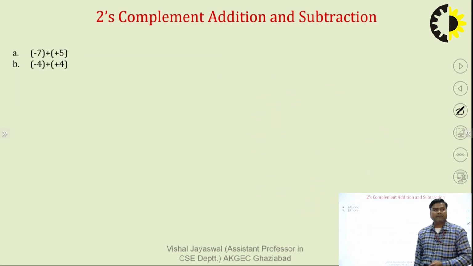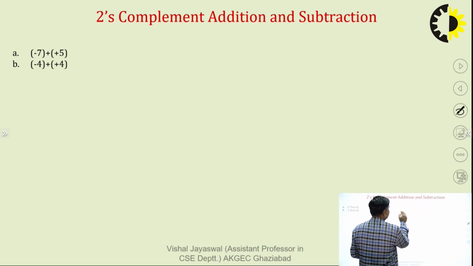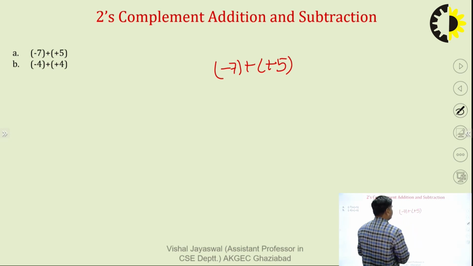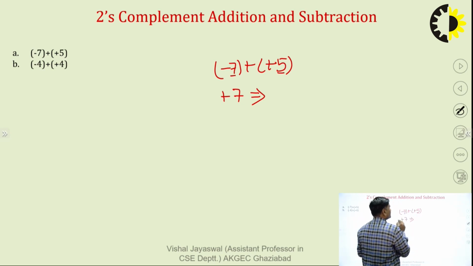Let's take some examples by which we can discuss addition and subtraction. First is minus 7 and plus 5. If we want to perform minus 7 plus 5, then we first write minus 7 in the form of plus 7 in 4 bits, because these two numbers, that is 7 and 5, have 3 bits for the number and 1 for the sign bit.